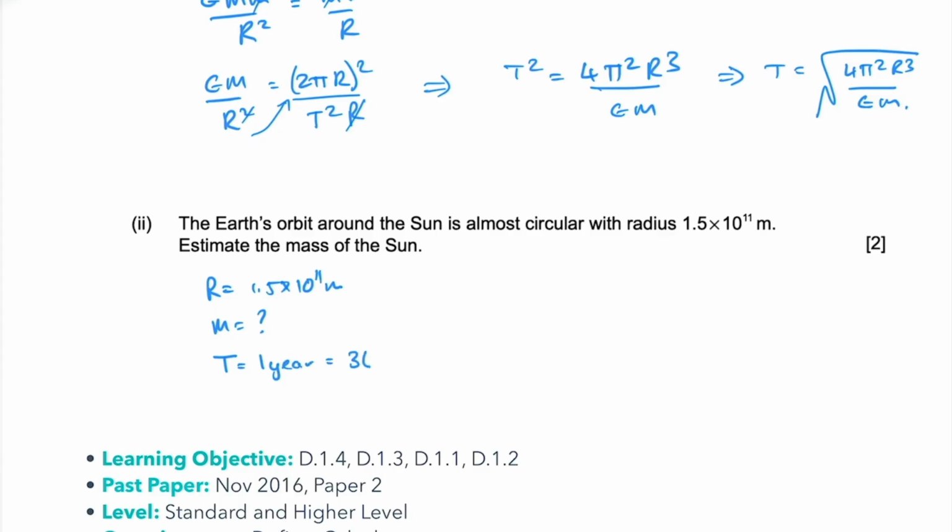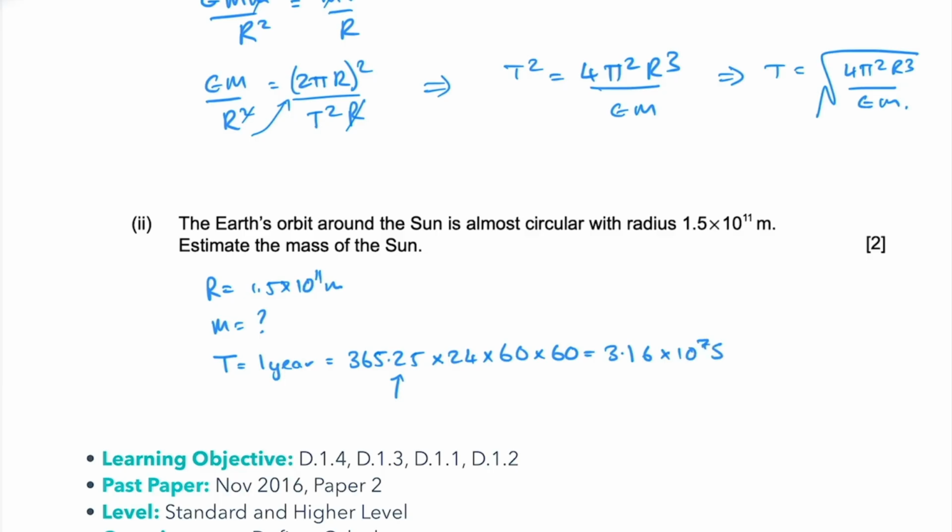So it's 365.25, and that 0.25 accounts for the leap year every 4 years. Times 24, we're down to hours, times 60, we're down to minutes, times 60, which gives us a value of 3.16 times 10 to the 7 seconds.